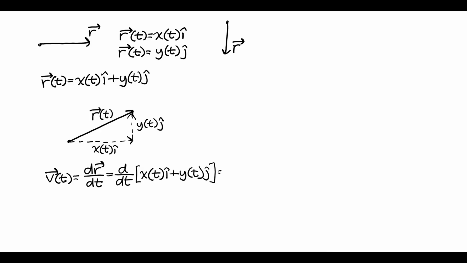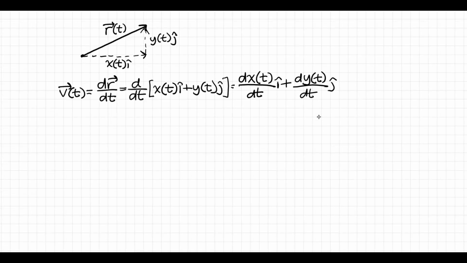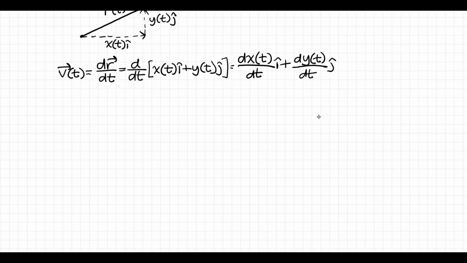And that becomes the derivative of the x function with respect to t, i, plus the derivative of the y function with respect to t, j. So the velocity is also a sum of i and j. That's intuitive and easy to understand.